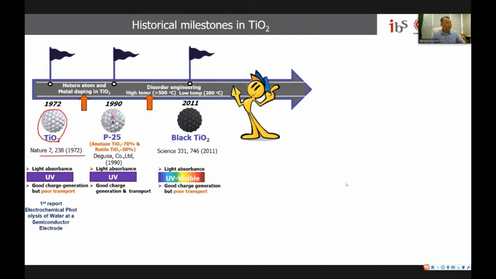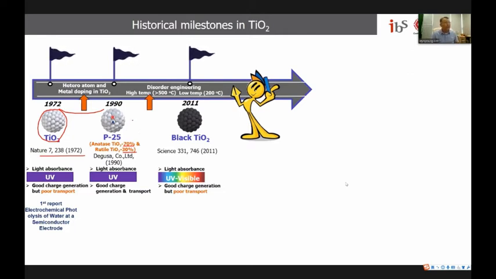After that, there was a big achievement, P25. Before this, they were talking about just one phase. But about 20 years later, they developed P25, which is the mixed one: anatase phase 70% and rutile phase 30%. That is the best material until now.